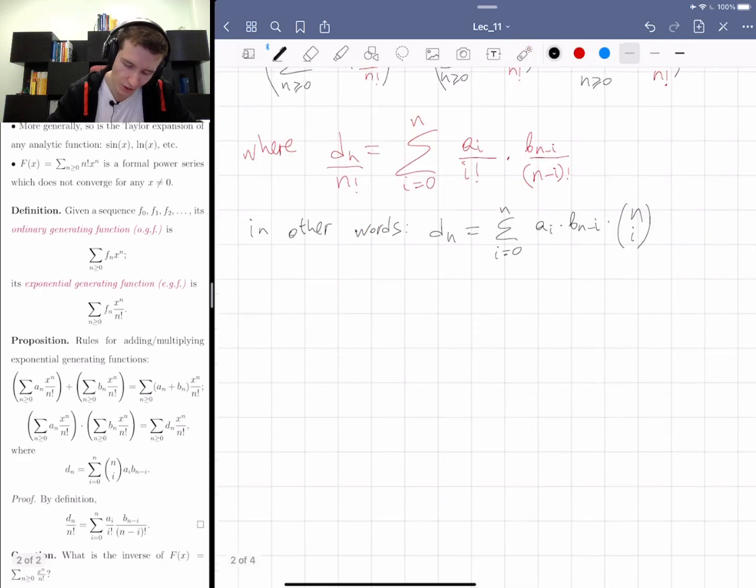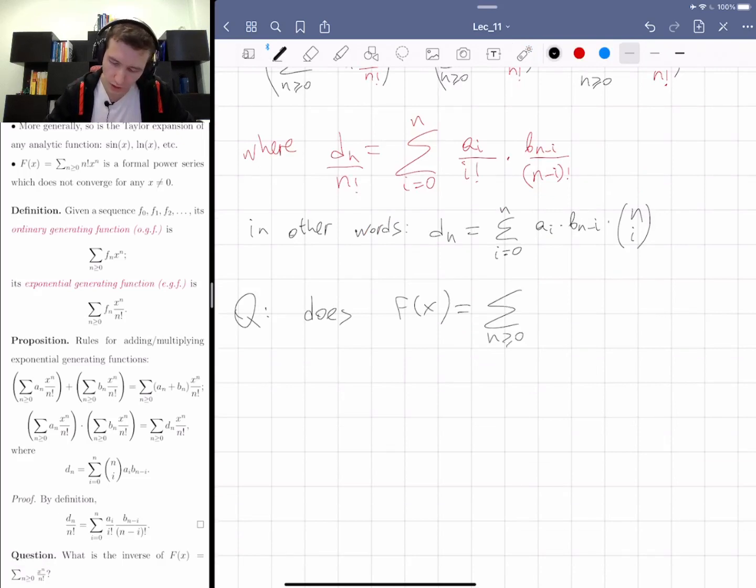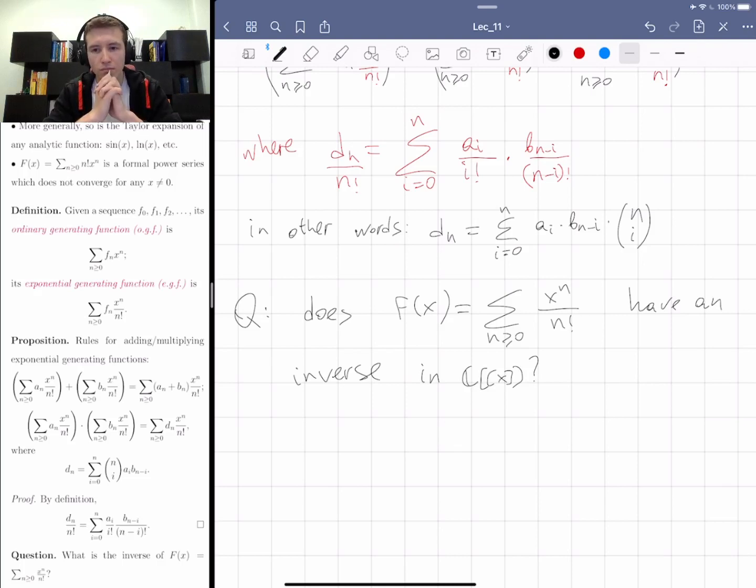Here is a question: does f of x, which is just the exponential function, the sum of x to the n over n factorial, have an inverse in the formal power series? Yes. And if yes, what is the inverse?